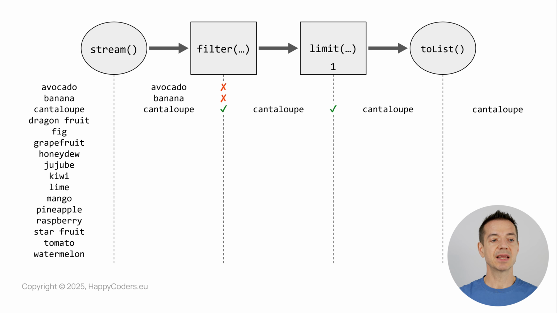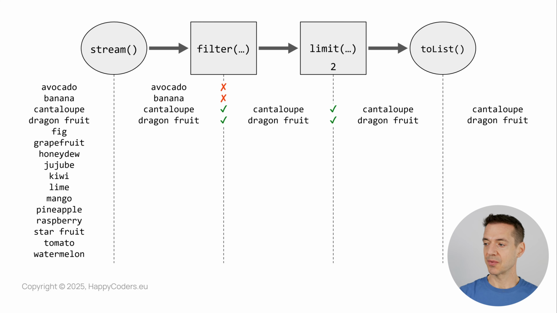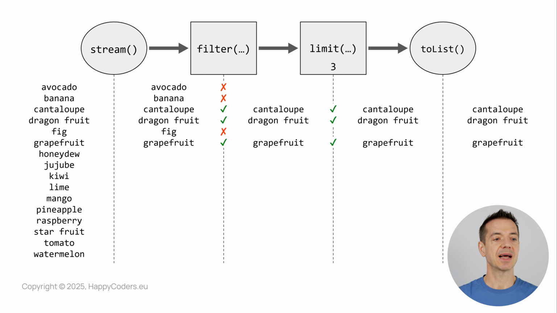Just like the cantaloupe, the dragon fruit now also passes through the pipeline. The counter of the limit stage is now at 2. The fig is not passed on by the filter, and the grapefruit once again goes through the entire pipeline, and the limit counter is now at 3.